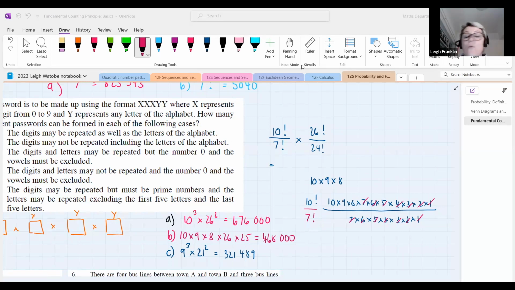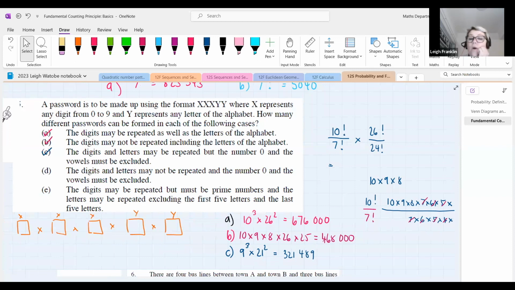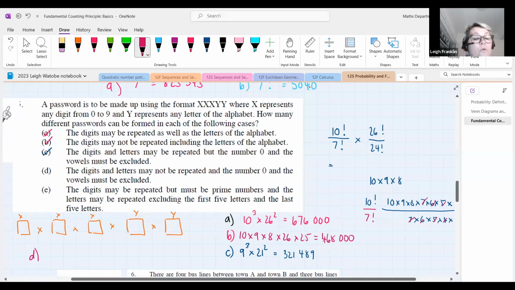Okay. All right. So Blessing offered an answer. Thank you, Blessing. For question D. Okay, cool. So Blessing says for question D, the digits and letters may not be repeated, and the number 0 must be excluded.